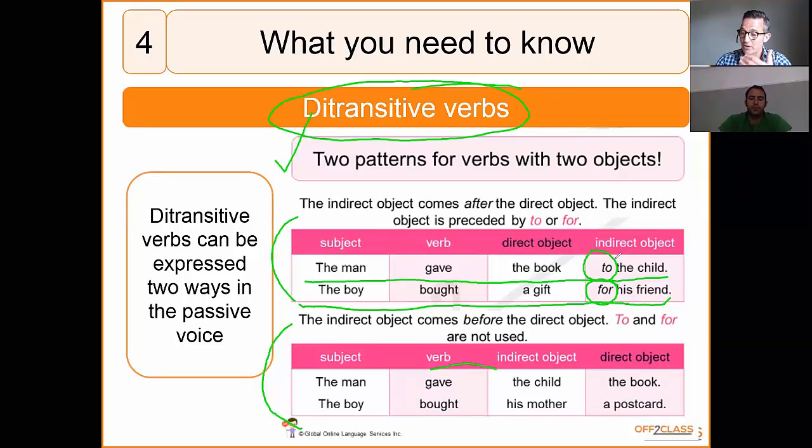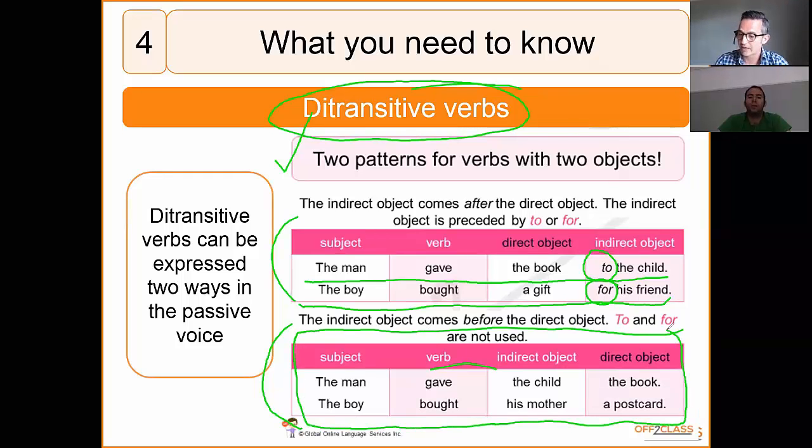Now, this is a great way to find ditransitive verbs in the English language. However, when the direct object comes directly after the verb in the active sentence, to and for do not appear.